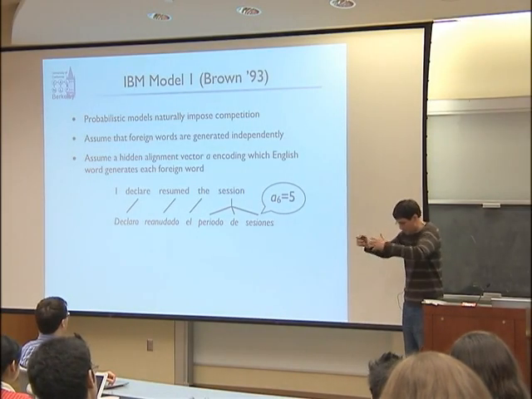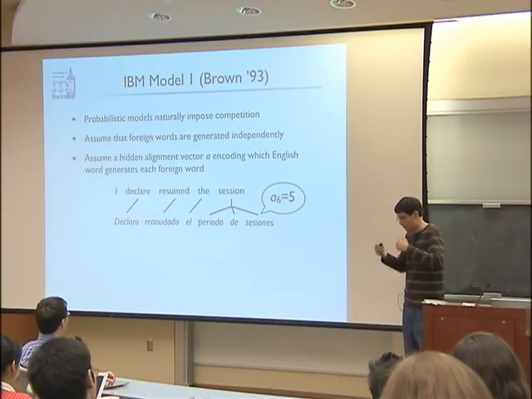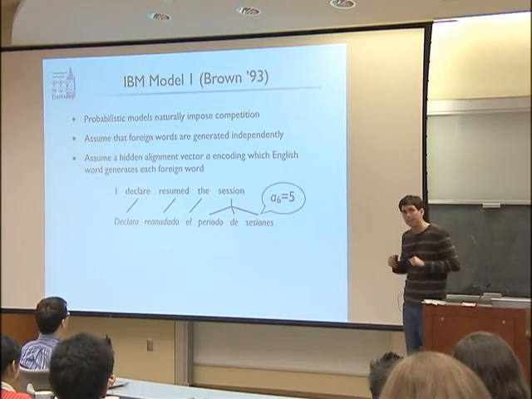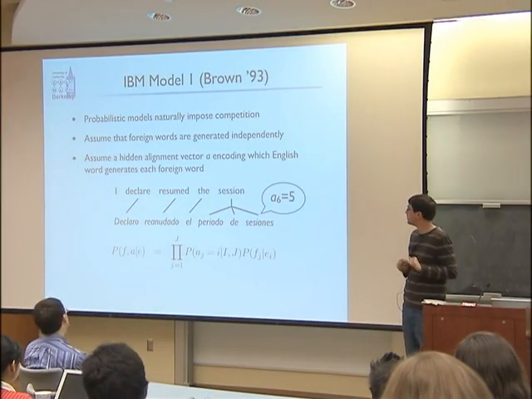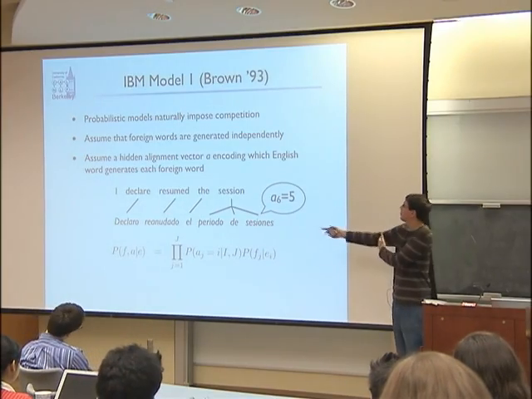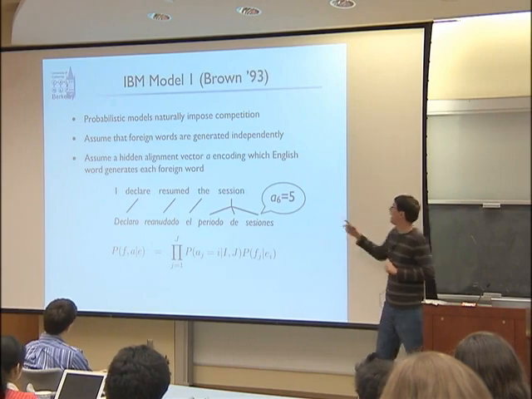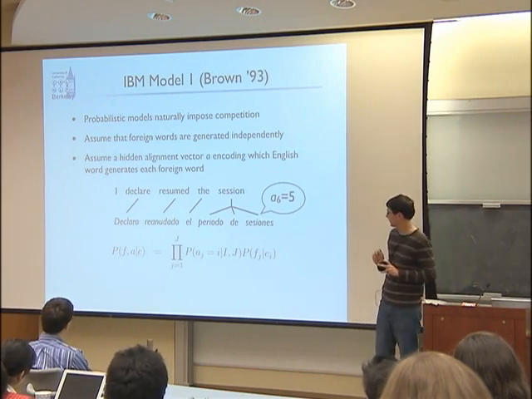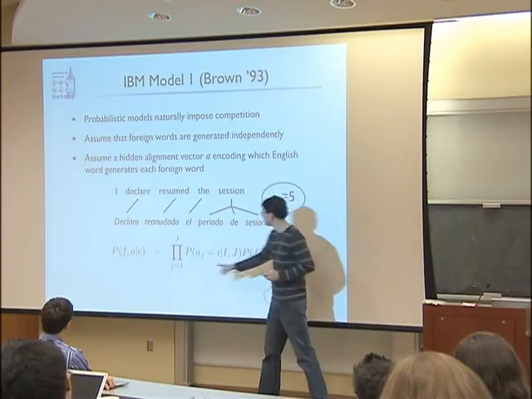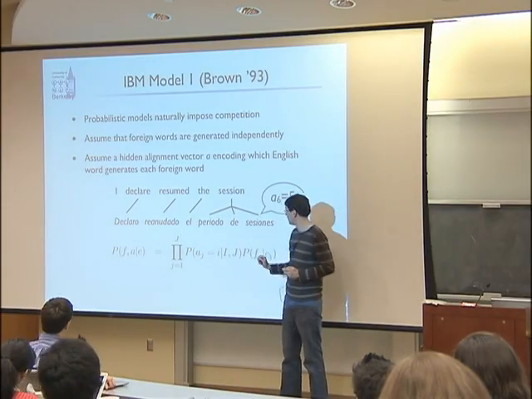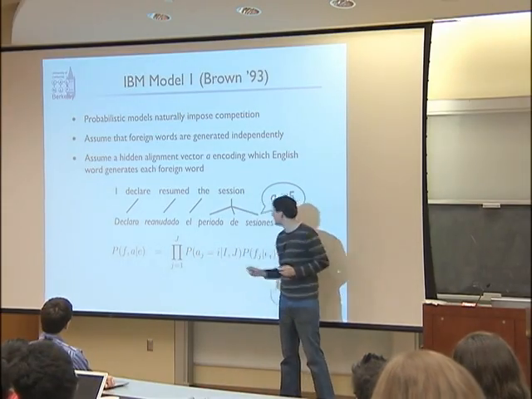OK, so we're generating each word conditioned on a particular word in the English. Here's how we can write down the probability of the whole foreign sentence and a particular alignment vector that goes along with it. It's a product over all the positions in the foreign. What's the probability that I made that alignment?